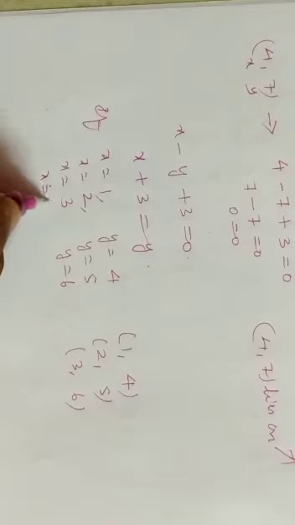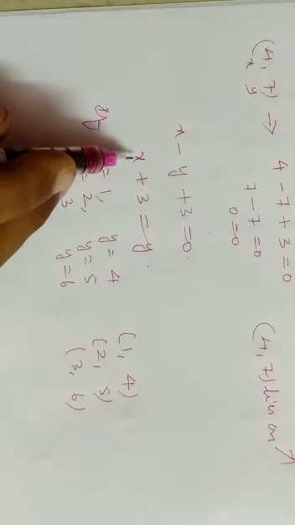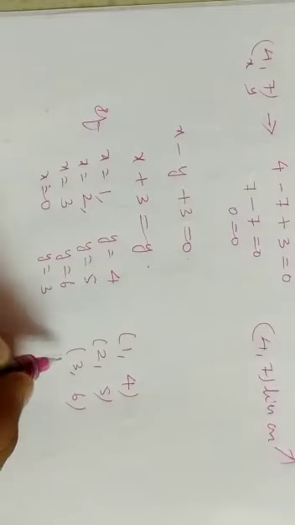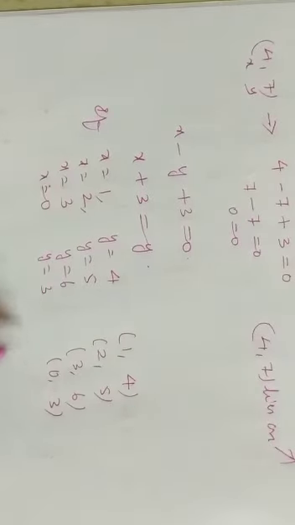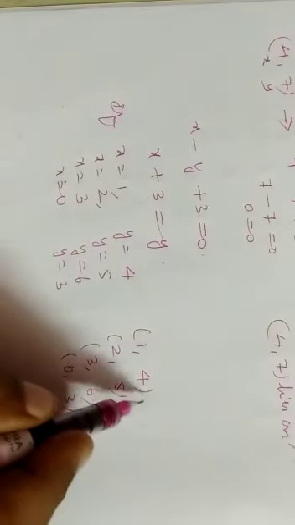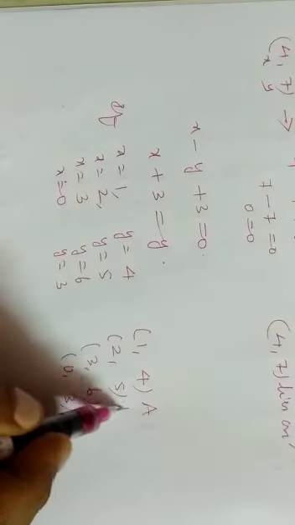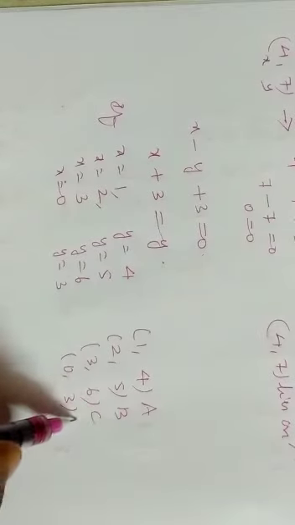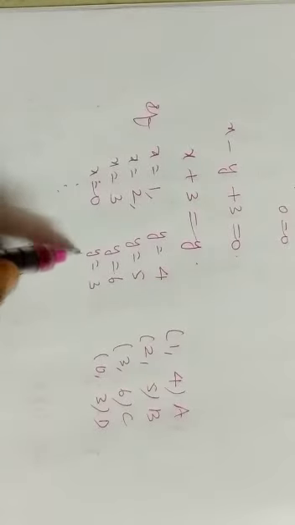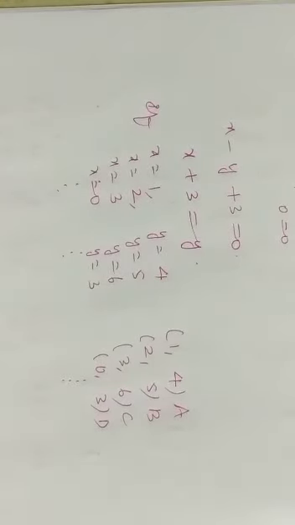If x equal to 0, what is y? 0 plus 3, 3. So the point is (0, 3). Means this is point A, this is point B, this is point C, this is point D. Likewise, you can find infinitely many points.